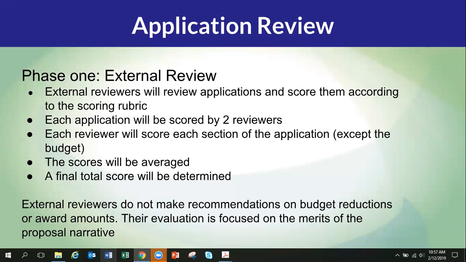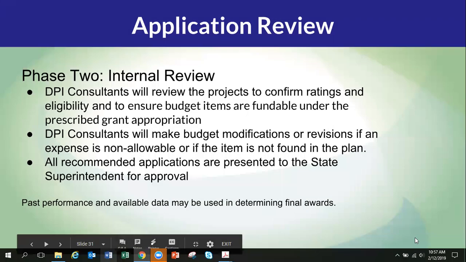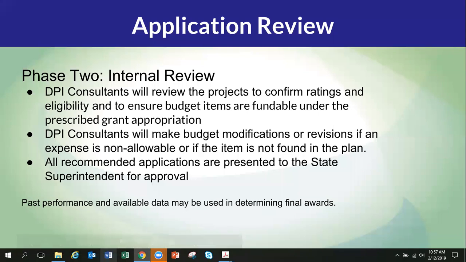And then we do an internal review process. The internal review process is those of us on the DPI team working on this project, confirming those ratings and making sure that the applicants are eligible. For example, we had one that, as I said before, did not have a provider as a partner, and that one was not eligible. We also double check that budget items are fundable, that the plan and the budget match, and all those sorts of things.